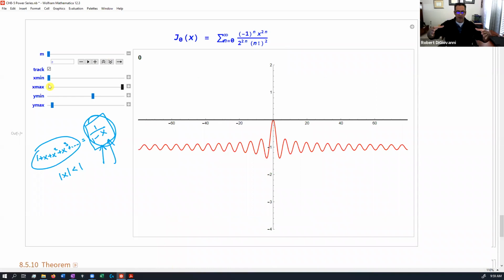Imagine you have a really big cup with water in it, and you drop a ball right into the middle. In the center where you drop the ball, you're going to get large waves, but as you propagate out to the edge, the waves dissipate, and they follow this model of the Bessel function.